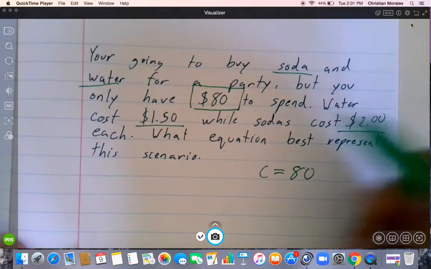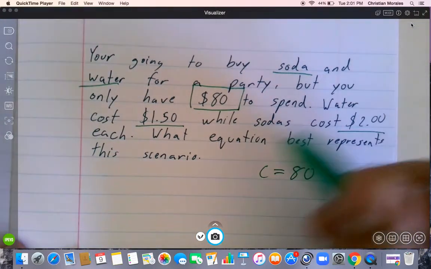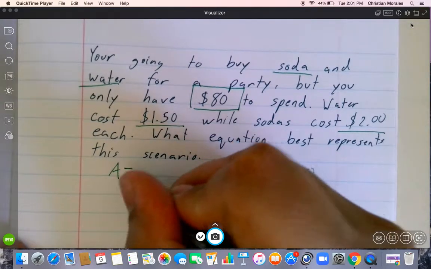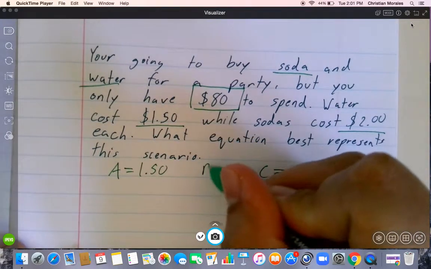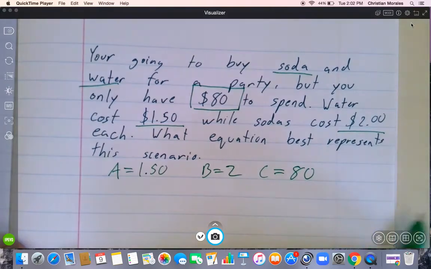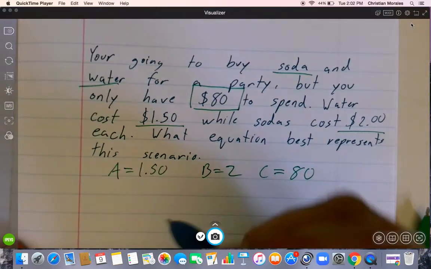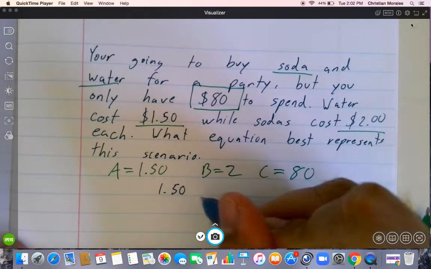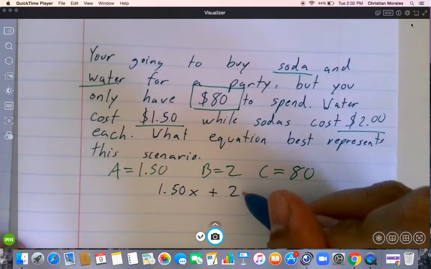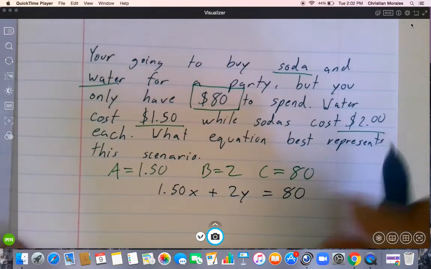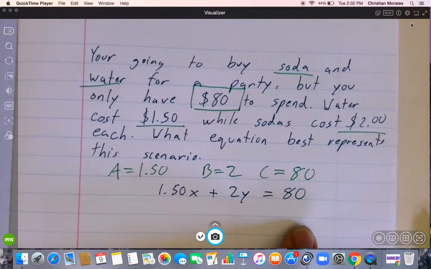So when you set it up in a word problem, it would look like this, where A would be 150 and B would be 2. And then you write your equation. 150x plus 2y equals 80. And that would be the way you set up the equation.